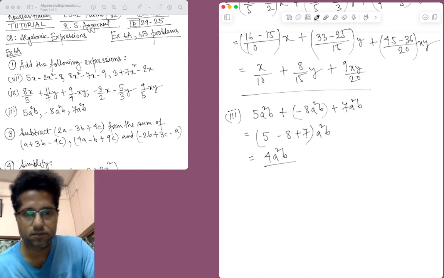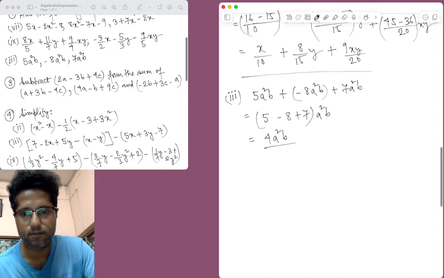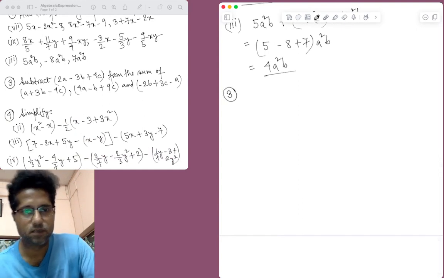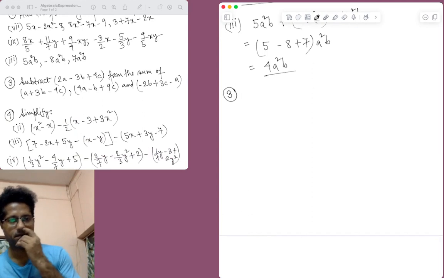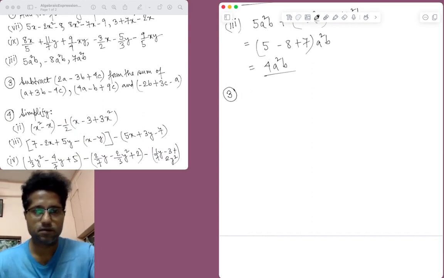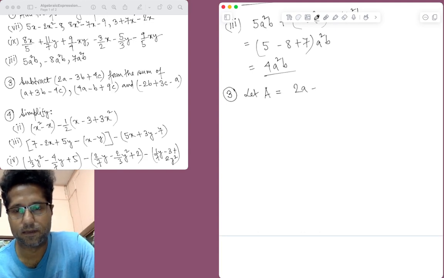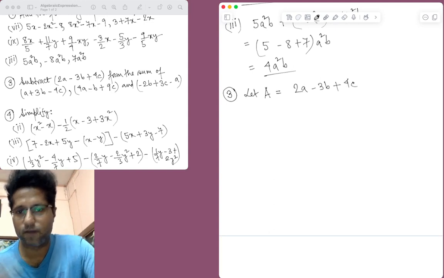Okay, let's solve question number 3. This is also from exercise 6a. Subtract this algebraic expression from the sum of given three algebraic expressions. Okay. So let A equal 2A minus 3B plus 4C, this we have to subtract from the sum.